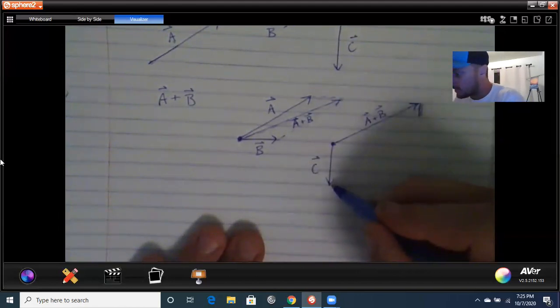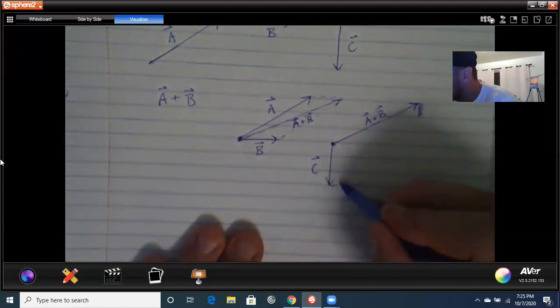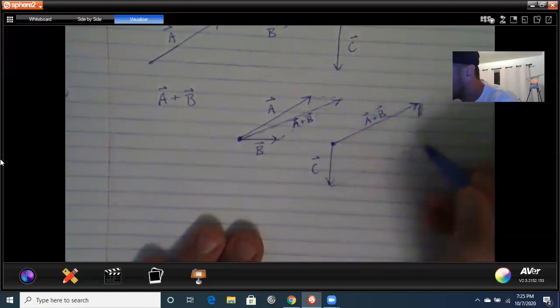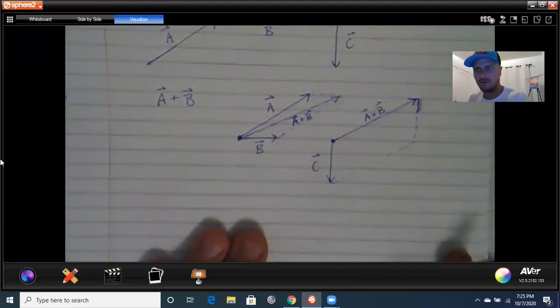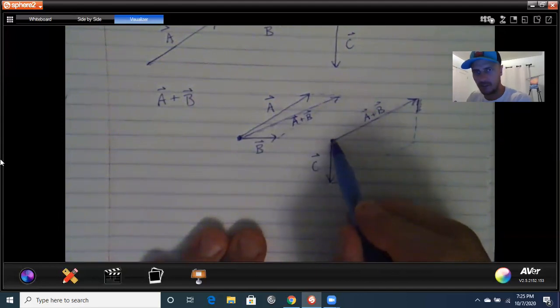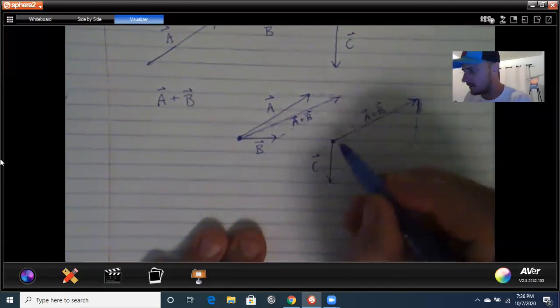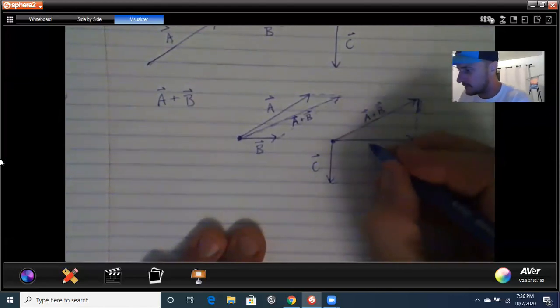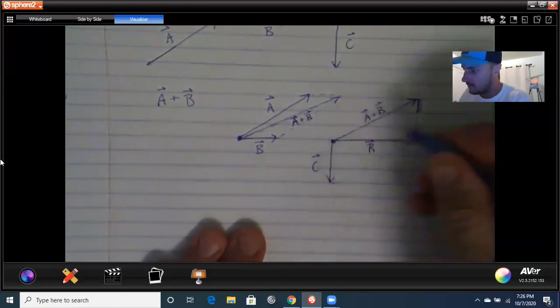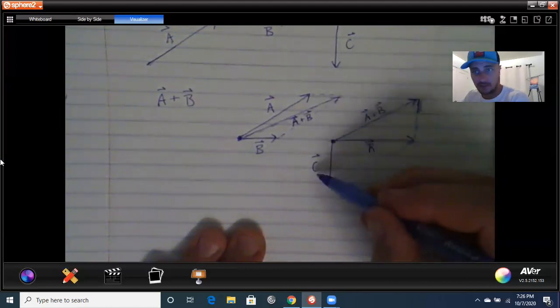And now we have to draw another parallelogram. There's my other parallelogram. And what do you know? Going from the two tails that are touching to the opposite corner of the parallelogram, that's my resultant. That would be, by the way, A plus B plus C, right?